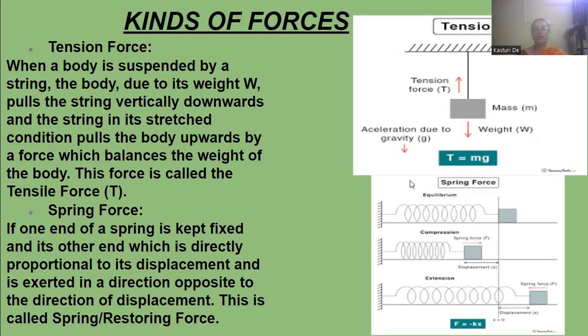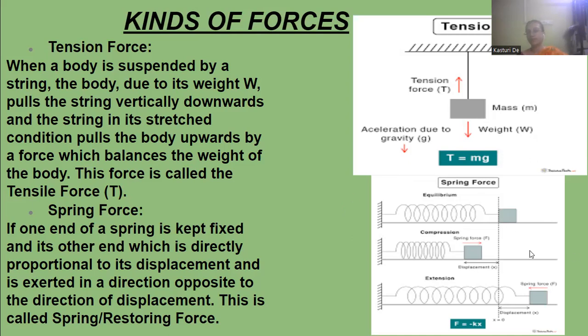Next we come to the spring force. If one end of the spring is kept fixed, the force at the other end is directly proportional to its displacement and is exerted in the opposite direction to the displacement.